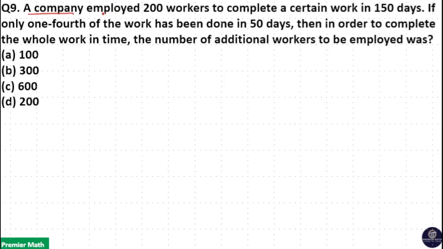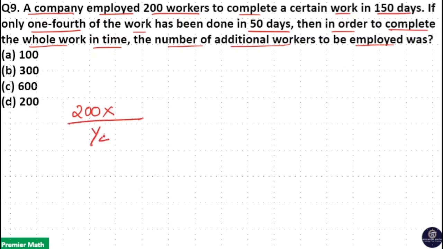A company employed 200 workers to complete a certain work in 150 days. If only 1/4 of the work has been done in 50 days, then in order to complete the whole work in time, the number of additional workers to be employed is, here 200 employees completed 1/4 of the work in 50 days.